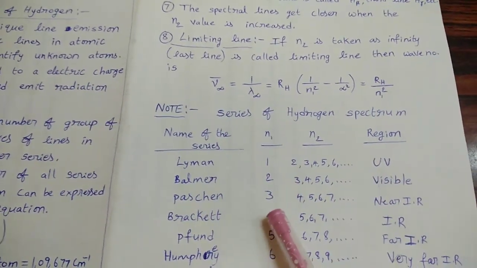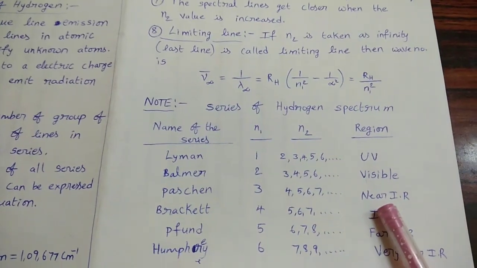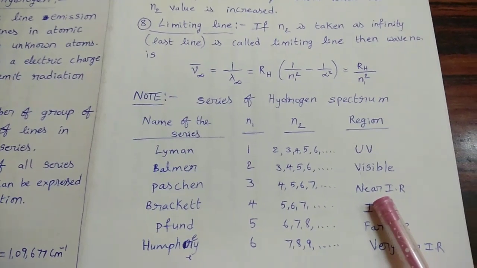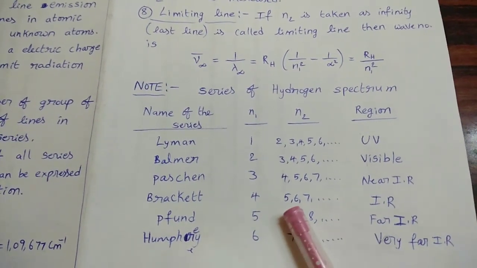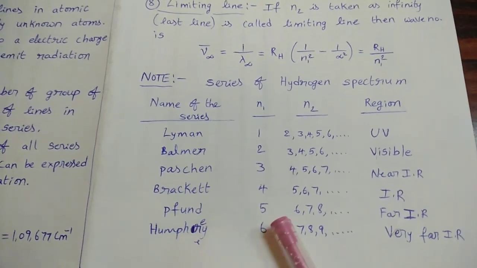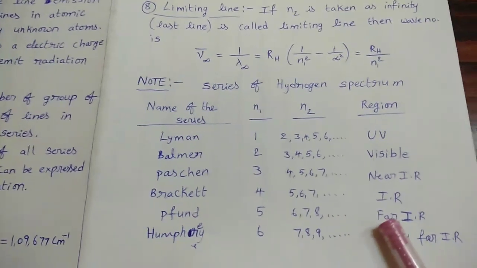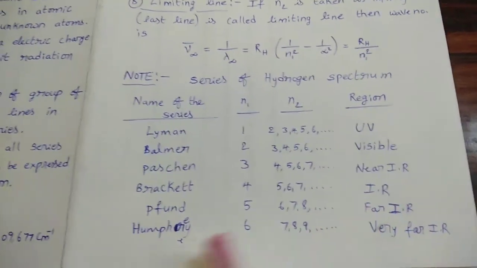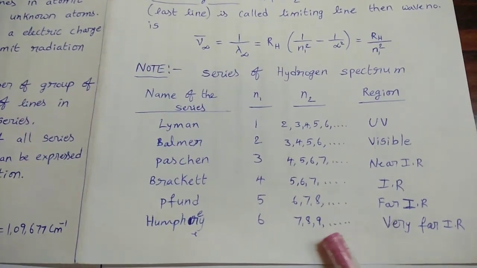Paschen, N1 value 3, N2 value 4, 5, 6, 7, appear in near IR, infrared region. Brackett, N1 4, N2 5, 6, 7, appear in IR region. Pfund, N1 value 5, N2 value 6, 7, 8, appear in far IR region. Next, Humphrey series, N1 value 6 and N2 value 7, 8, 9.